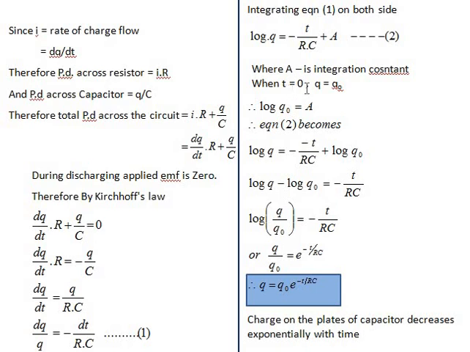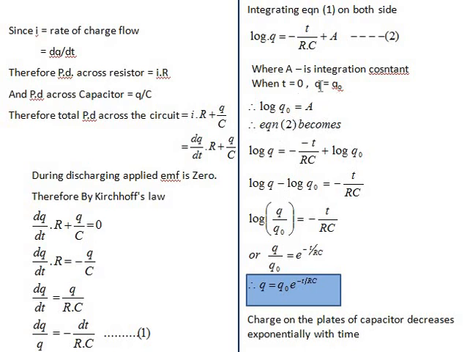When t = 0, Q = Q naught. What does it mean? Initially the capacitor is fully charged, and before discharging we take that time as 0 time, and when we start discharging, we count the time. Before discharging, the plug is closed, and at that time the charge on the plates of the capacitor is Q naught.